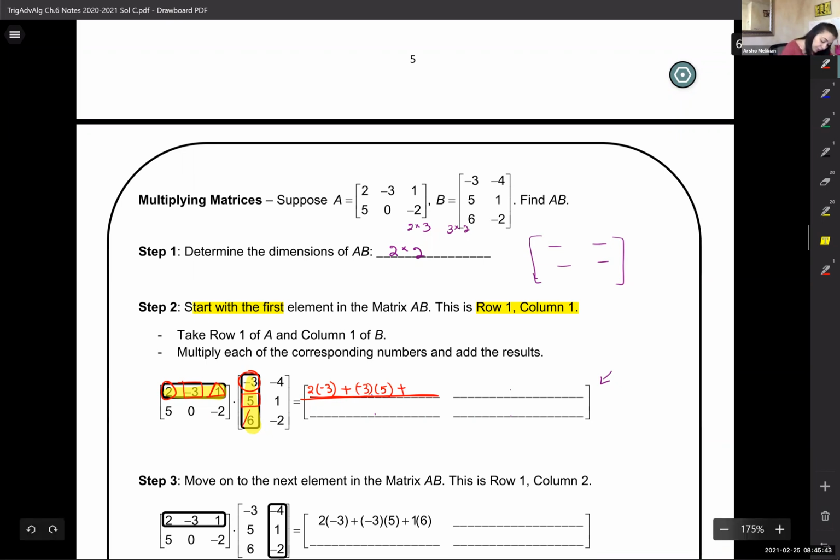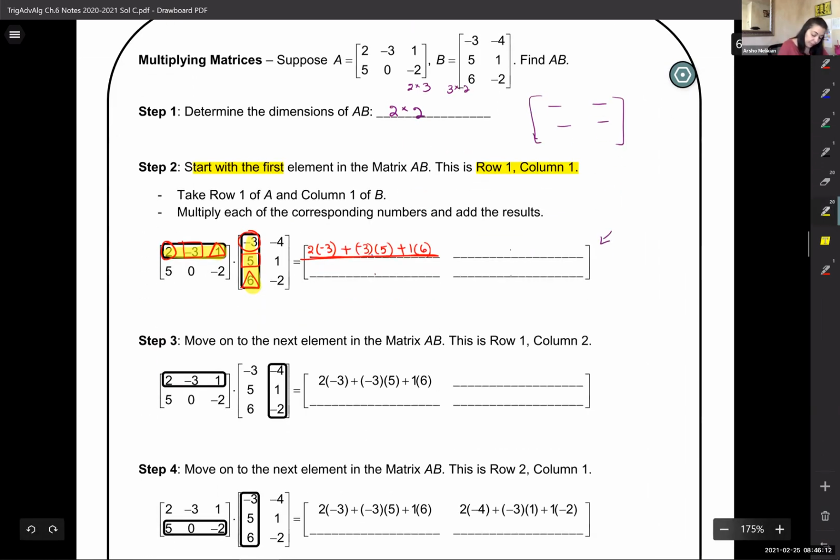Third number with the third number, 1 times 6, right? You see my system here? Okay? So the way I usually do it, you've got a row and a column, so it's like first, second, third, right? First, second, third, first, second, third, and so on, and you move down the list, okay? So that's row 1, column 1.